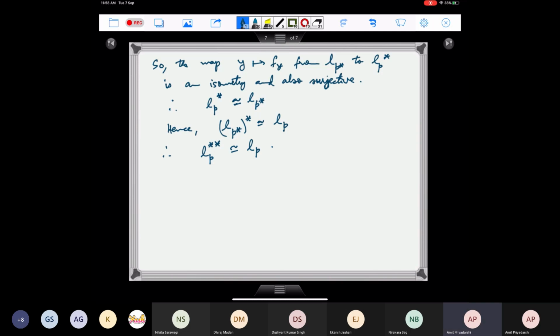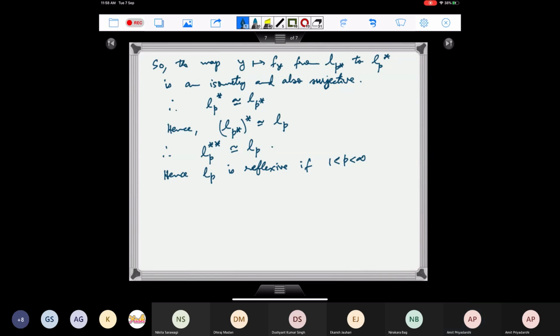So this shows that we have this LP space is reflexive. LP is reflexive if P is between 1 and infinity. So you should see where it may fail if P is equal to 1 or infinity.